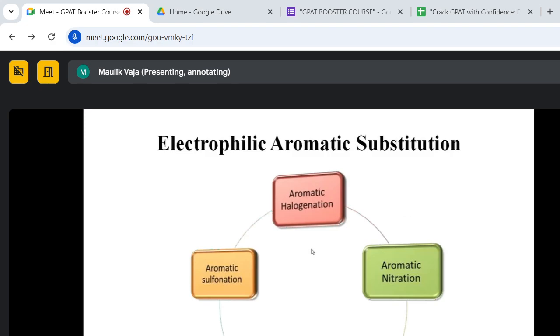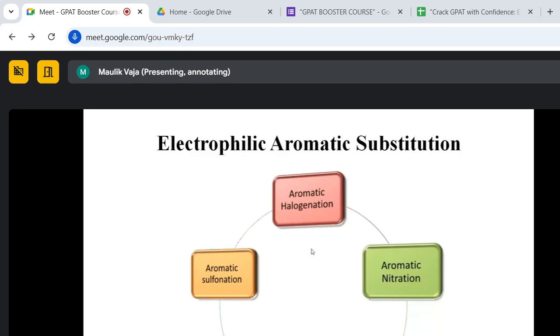Another most important reaction for organic chemistry is the electrophilic aromatic substitution reaction. Three to four questions will be asked from this reaction only.